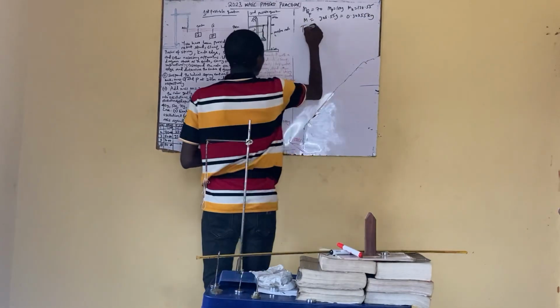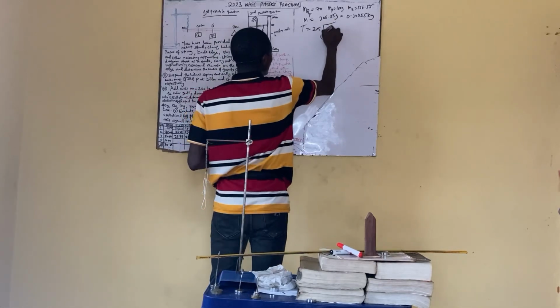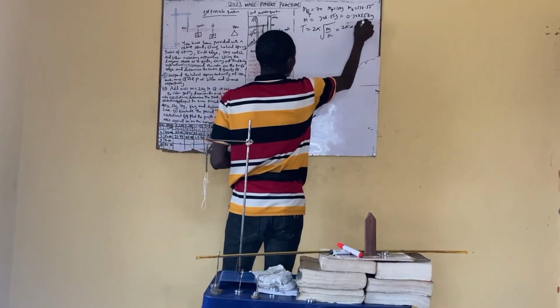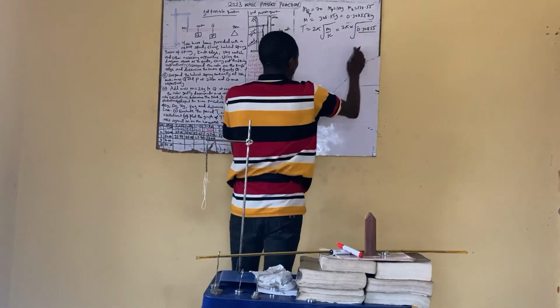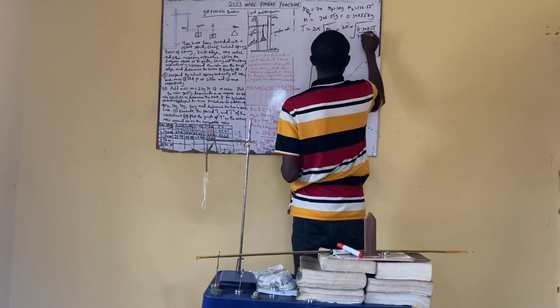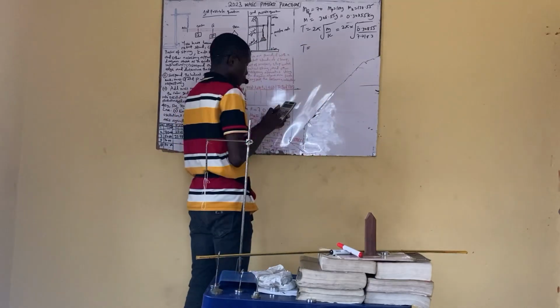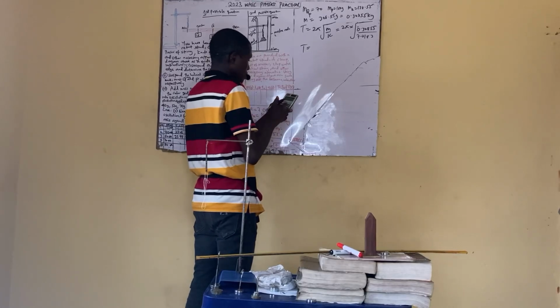So your T now will be 2 pi root M over K, which is equal to 2 pi times root 0.30855 over K, which is 7.0183.